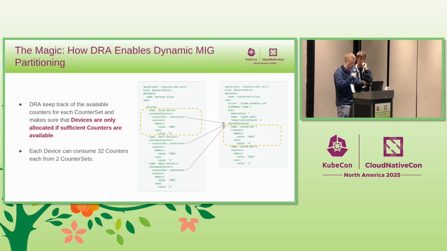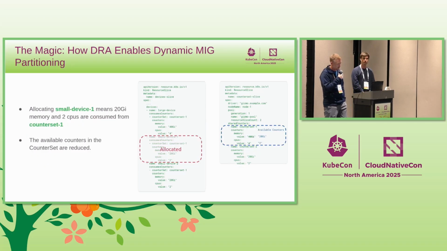Here we have one large device, and we can see that it consumes the counters from counter set 1. And in this case, it consumes all 40 gigabytes of memory and all 4 CPUs. We also have a small device that only consumes 20 gigabytes of memory and 2 CPUs. And as you can see below, there's also a second small device that consumes the same amount of counters.